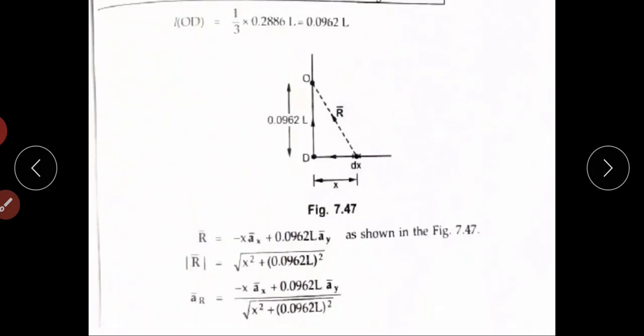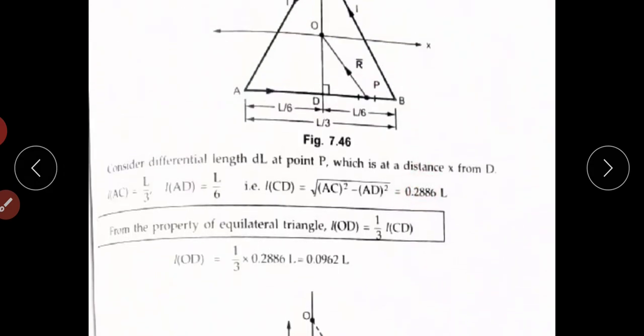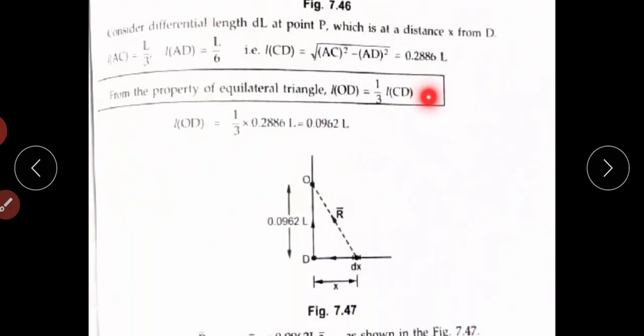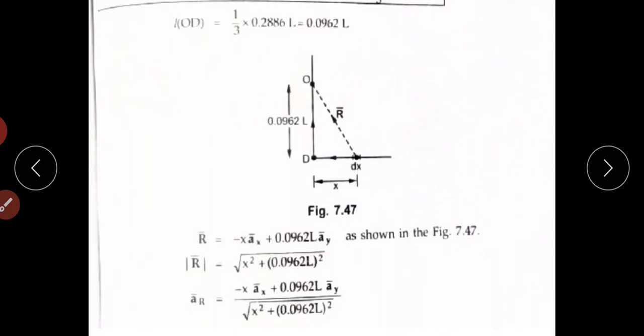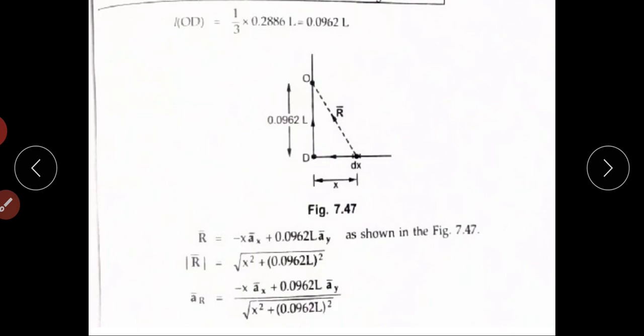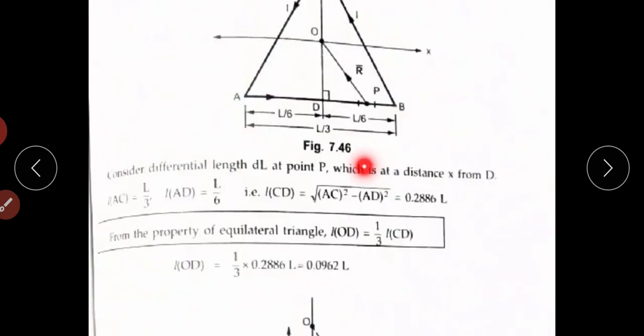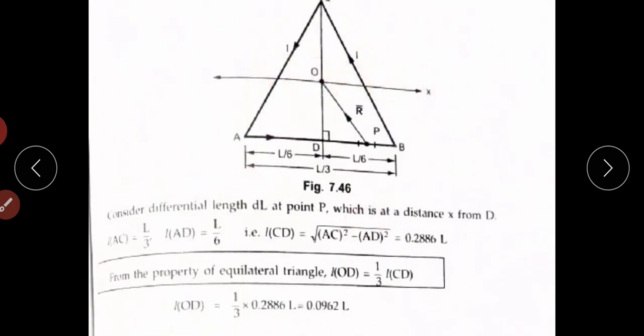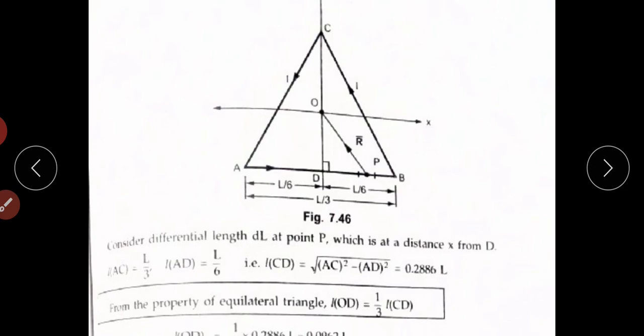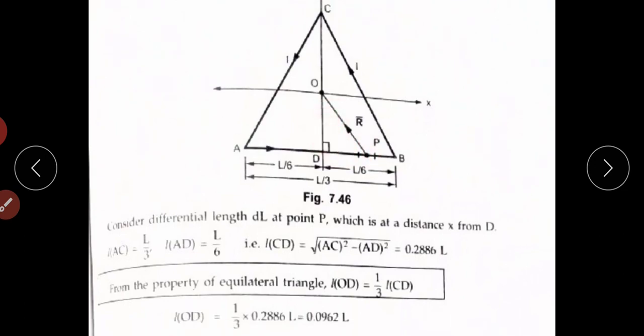So first write the R bar vector, the distance vector between the differential length and the origin. This distance equals x and the OD length equals 0.0962 L. So R bar vector equals minus x into ax bar plus 0.0962 L into ay bar. This is the x-axis direction, next it is the y-axis direction. Here, this vector plus this vector equals the R bar vector.